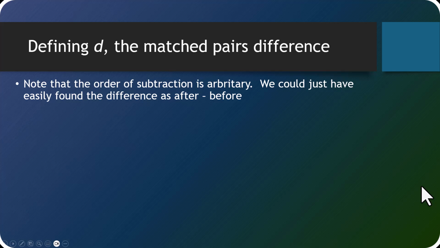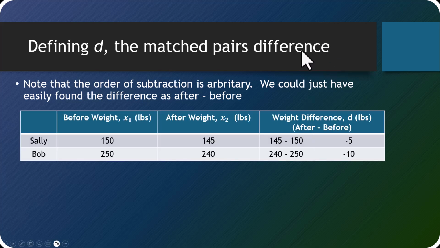However, it's really important to understand that the order x1 minus x2 or x2 minus x1 is arbitrary. We could just as easily have found the difference of after minus before. In other words, we could have calculated 145 minus 150 and found the difference to be negative 5.